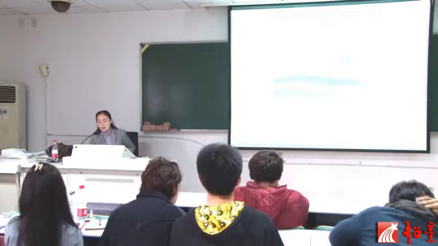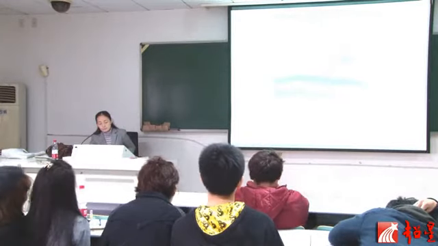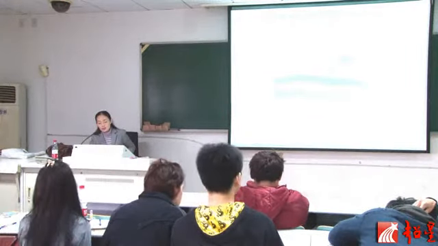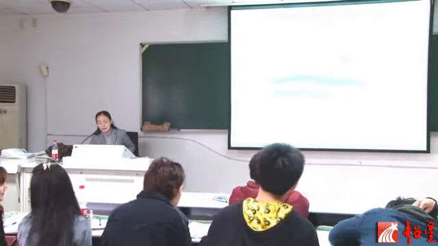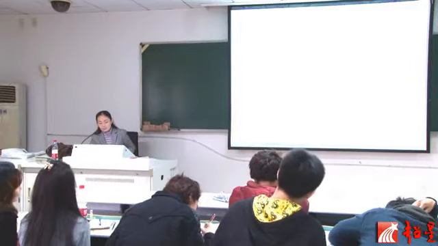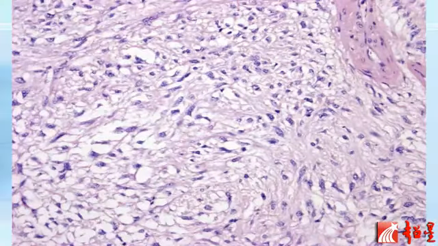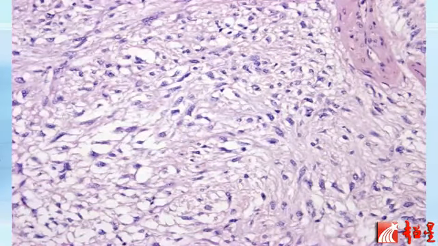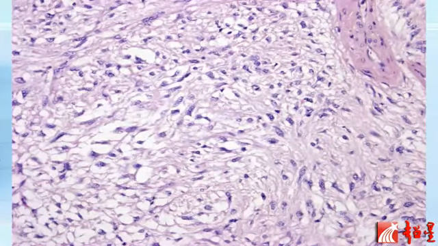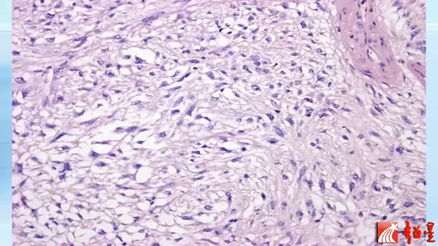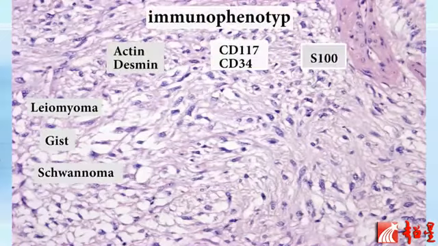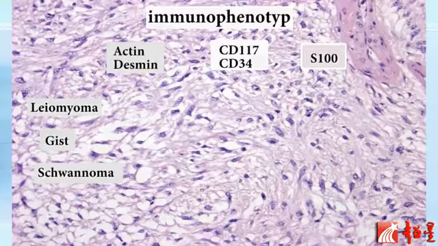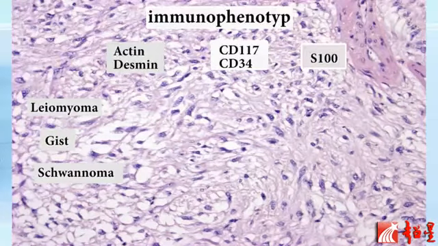This is the marker of this tumor. For the smooth muscle markers, actin and desmin are negative. So this is a spindle cell tumor. For immunostaining, GIST is CD117 and CD34 positive.